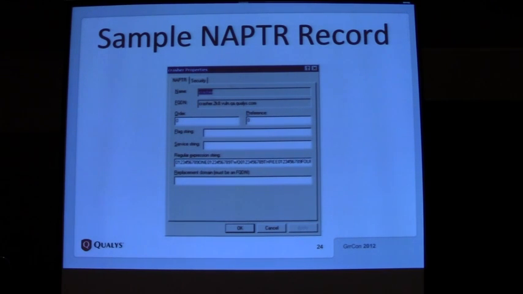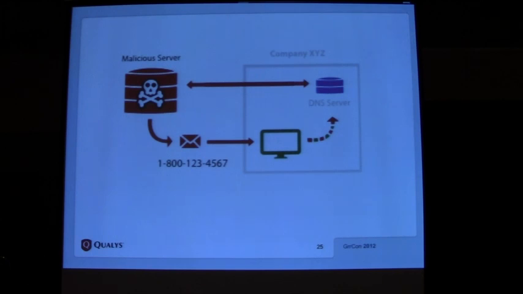So how could this vulnerability be exploited in a real world scenario? What an attacker could do is set up a malicious domain name server with a crafted DNS record, the NAPTR record, and he could just send an email to one of the guys in here.